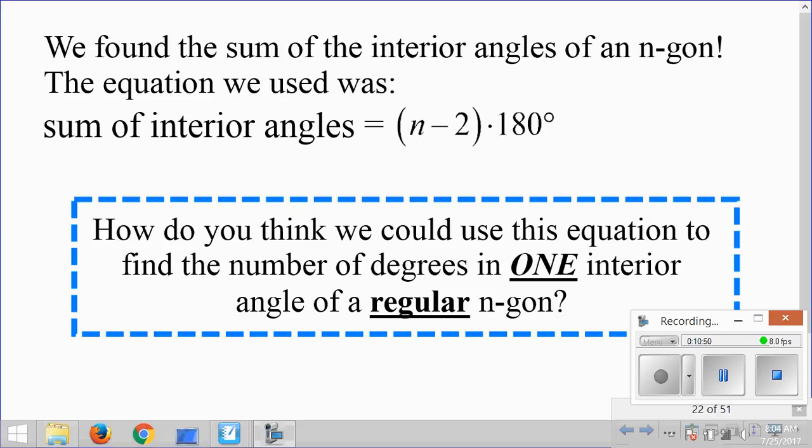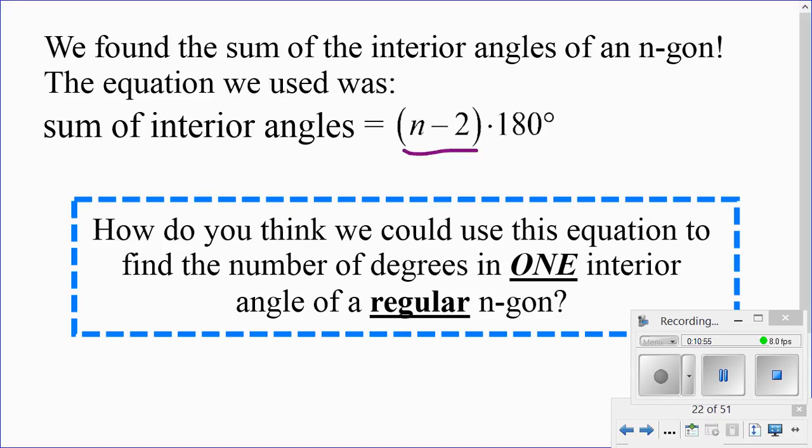So if we already have the sum, and all of the angles have the same measure, then we can just divide that by n, because n is the number of sides, which is the number of angles, and that'll give us one interior angle if it's a regular n-gon.